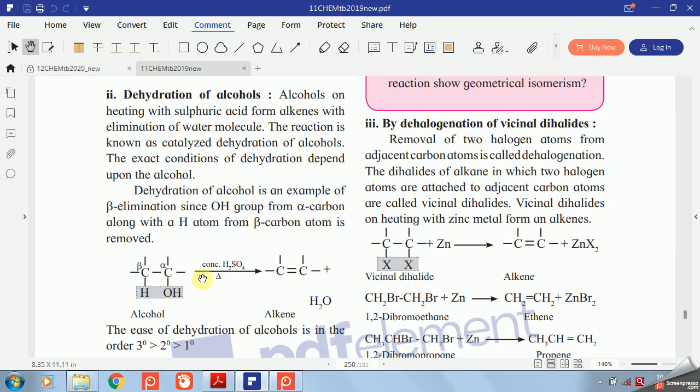So let us check the reaction here. So here concentrated H2SO4 and heat is the condition. So the OH from alpha carbon and H from beta carbon. So the functional group carbon is alpha, next that is beta. So hydrogen is removed from beta carbon, so it is called beta elimination. So here is the word beta elimination.